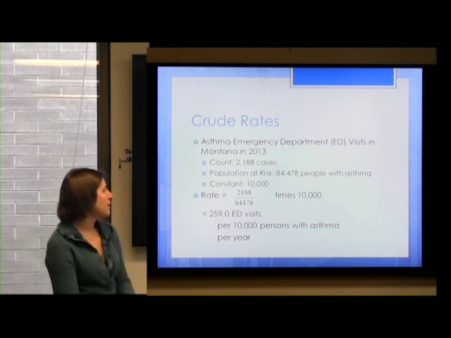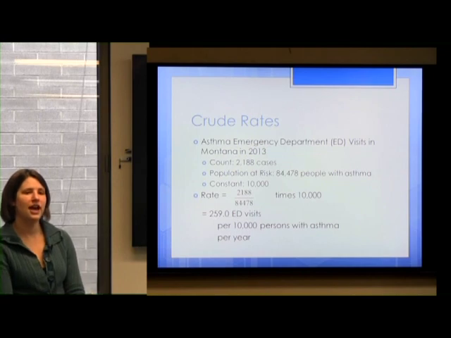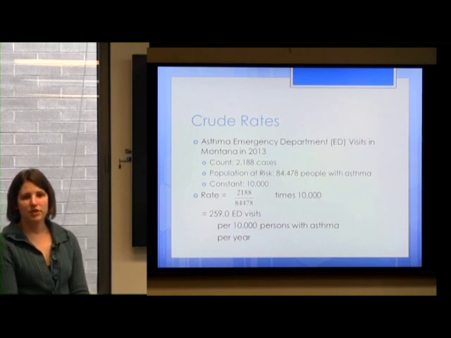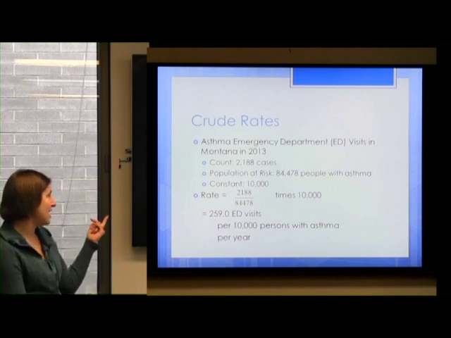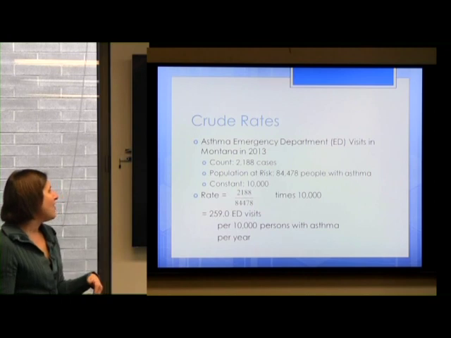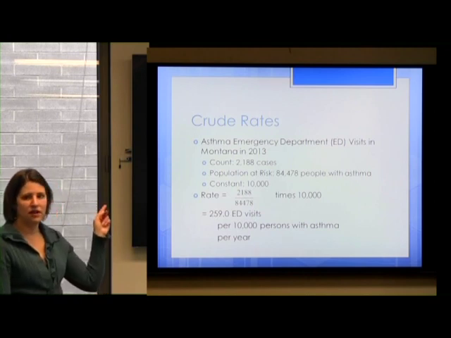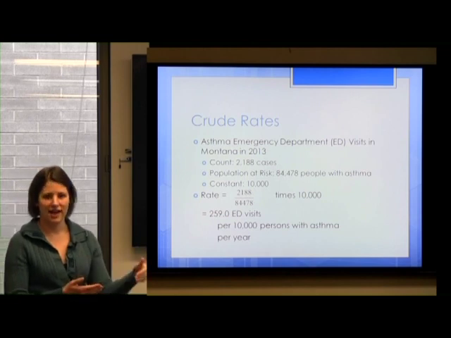Here's an example from emergency departments. So if we were interested in knowing the rate of asthma emergency department visits, we could find the count of the number of visits that were related to asthma, and then the population at risk for emergency department visits due to asthma are people with asthma, right?